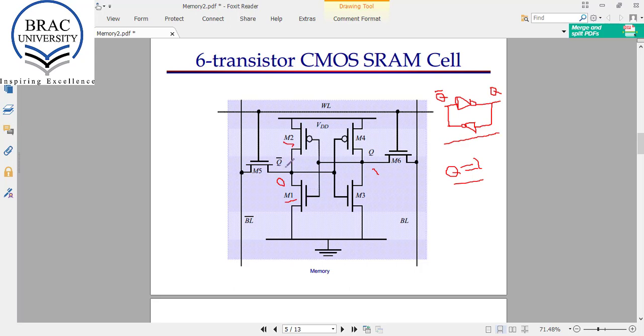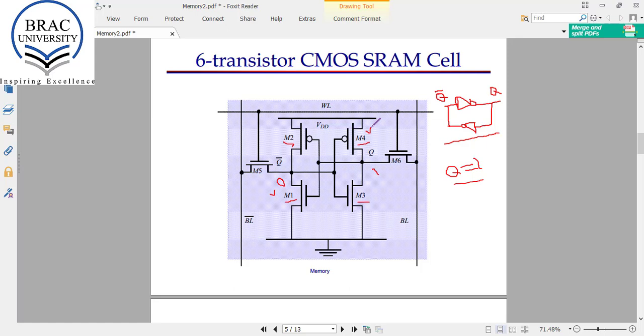And as this Q bar is 0, this will make this M3 transistor off and M4 transistor on. So we will have only M1 and M4 transistors on if we have Q equals 1.